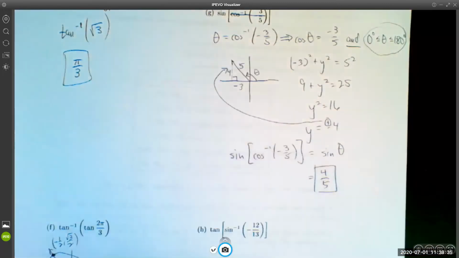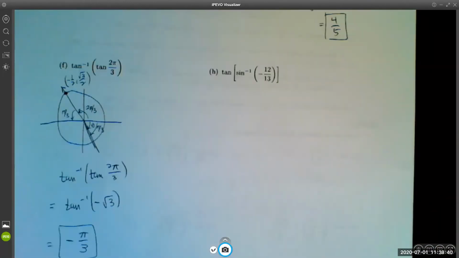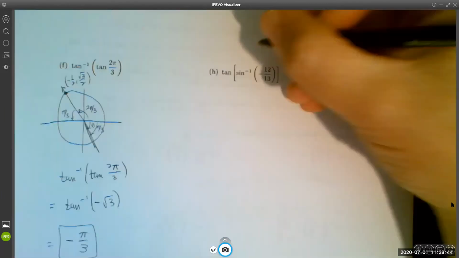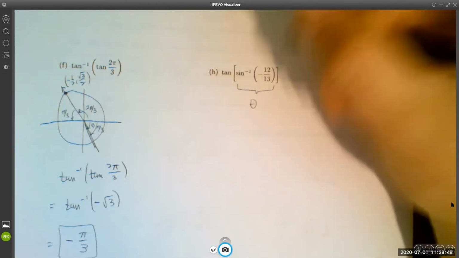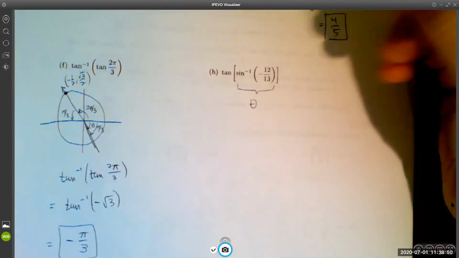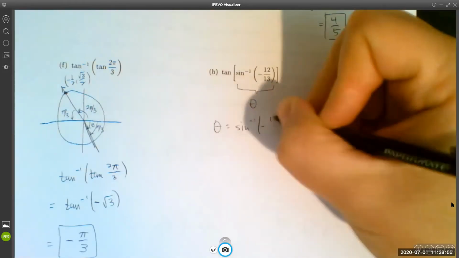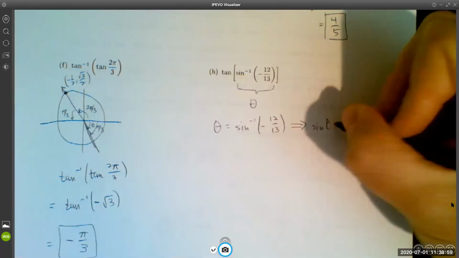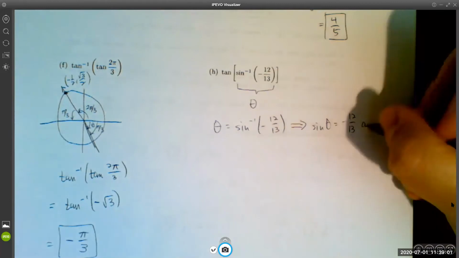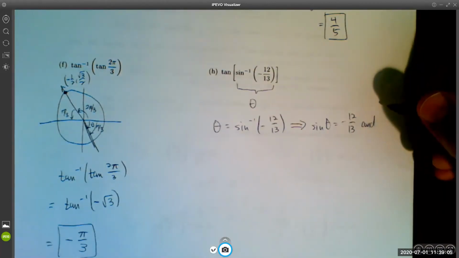Let me give you one more example. Tangent of sine inverse of negative 12/13. So I'm going to do the same trick, right? I'm going to call this thing theta. I'm going to say theta equals sine inverse of negative 12/13. What does that mean? That means that sine theta is negative 12/13 and that theta is between negative 90 degrees and positive 90 degrees, right?